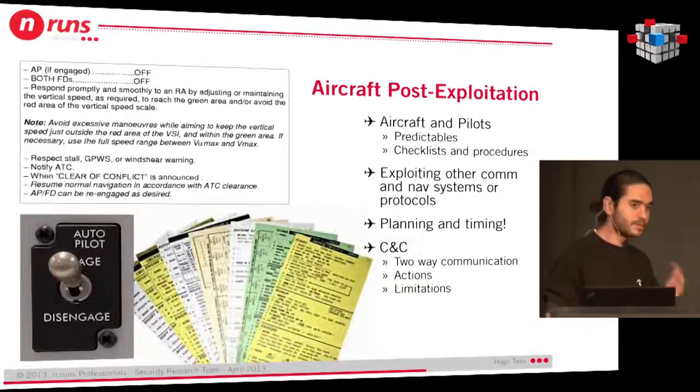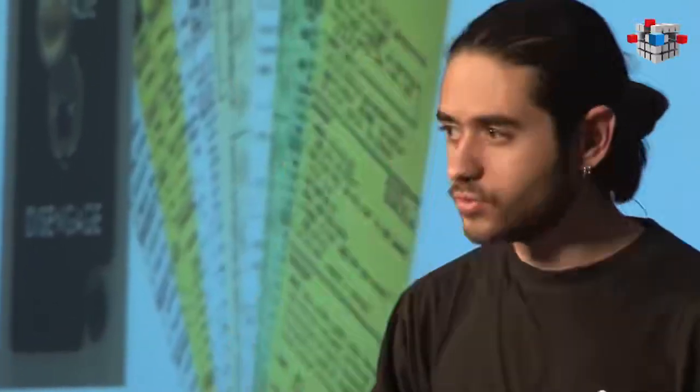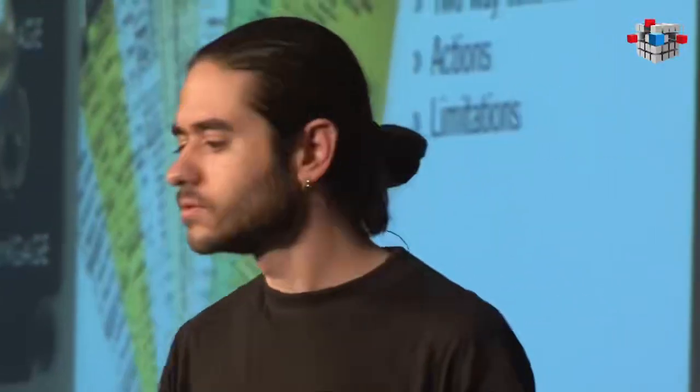If we do proper timing and proper planning, we can convince the pilot that something is happening, knowing how they are going to react, so we can not just avoid them disengaging the autopilot, but also we can even trigger or make them help us into doing what we want, kind of return-oriented programming, but for pilots, okay?